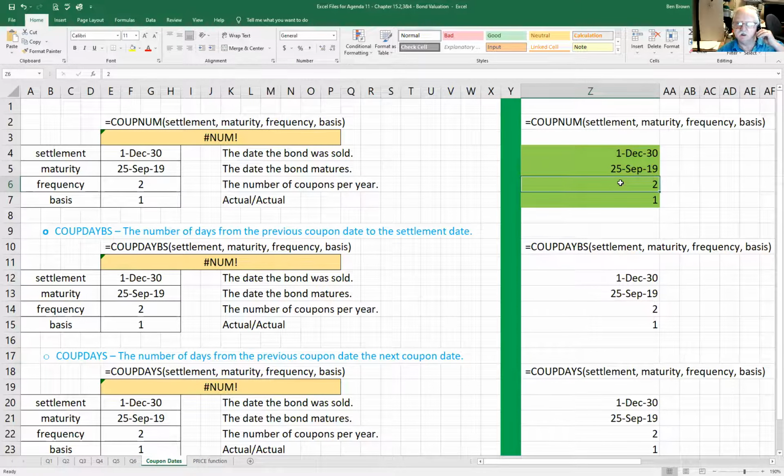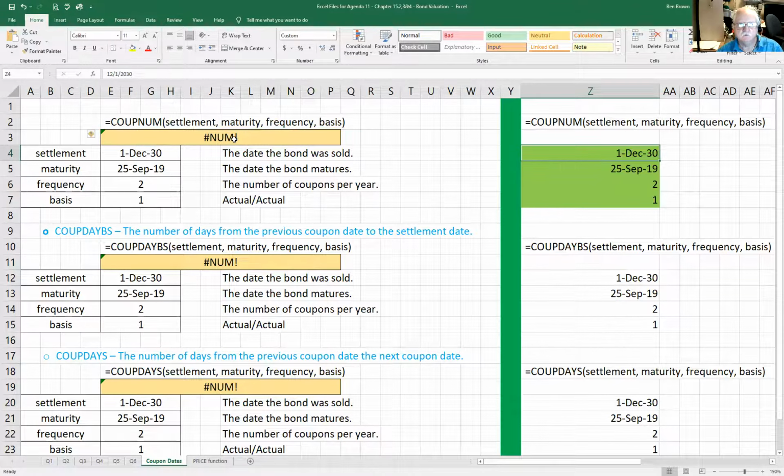But 99% of the time, it's 2, which is semi-annual. And this thing here, called the basis, put in a 1. There are other countries that use a different basis here, but your textbook and Canada leave it at 1 all the time.